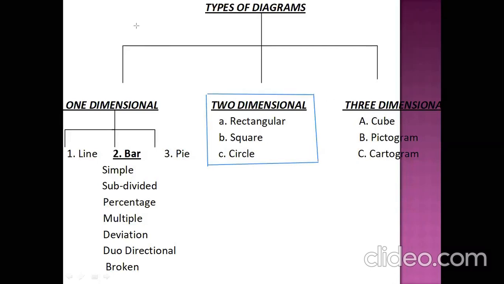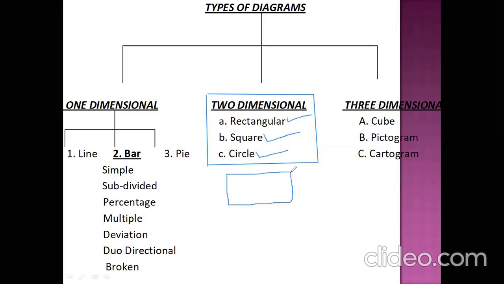Rectangular diagram will be, as the name suggests, in rectangular shape. Square diagram, as the name suggests, data will be fitted in square shape, whereas circle diagram, the data will be fitted in circular shape.